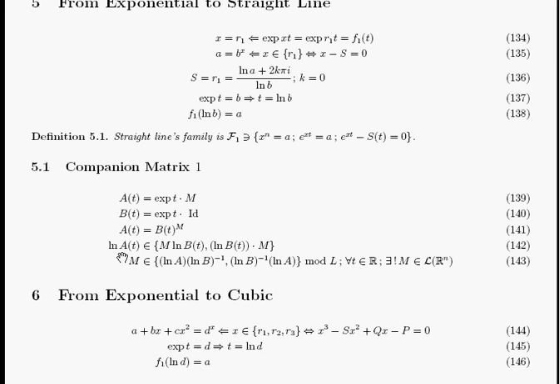We can say that the logarithm of A is m times the logarithm of b, or the logarithm of b times m, and m is one times the other, or the other times the one, modulo L. What I'm trying to say is that for all t in R, there exists a single m solution of the system in Rn.